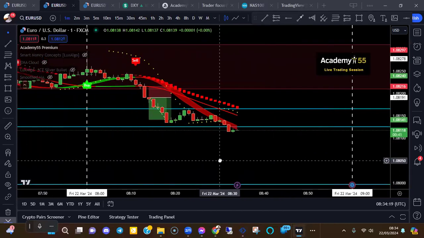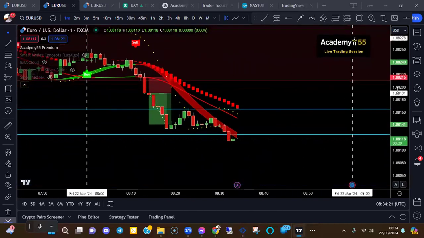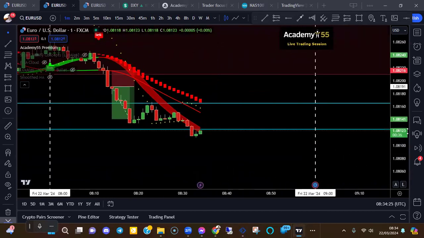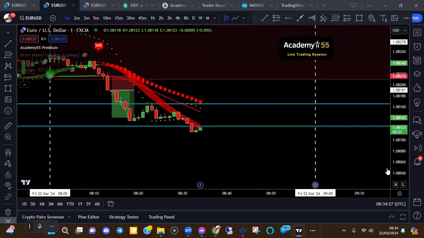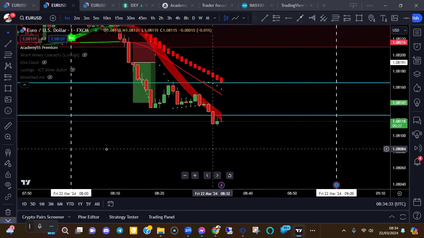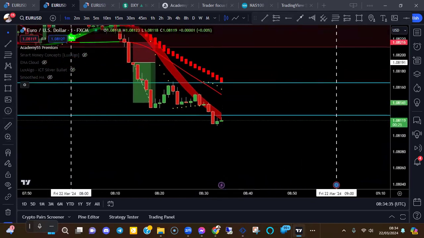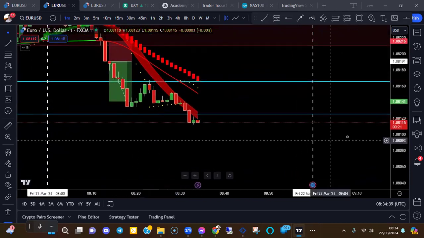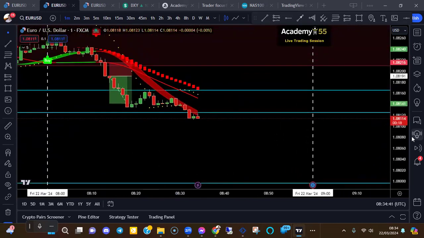And right, okay, so we're seeing a deeper sell take place. But I am still happy that I'm okay with not taking that trade.